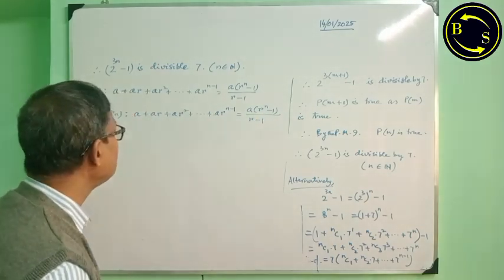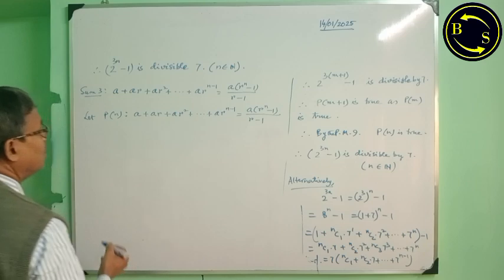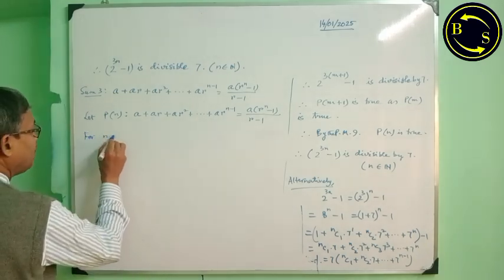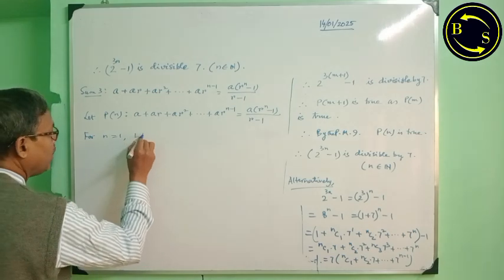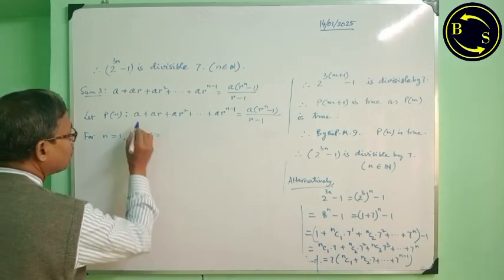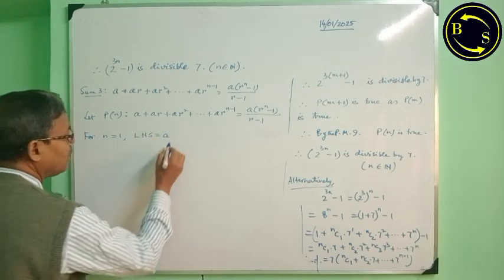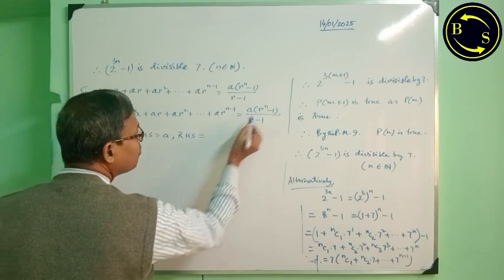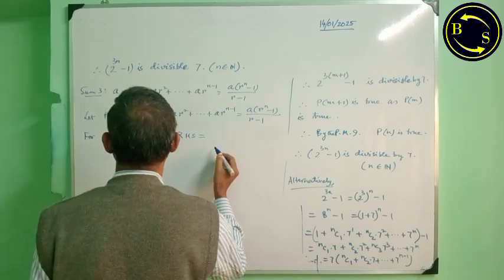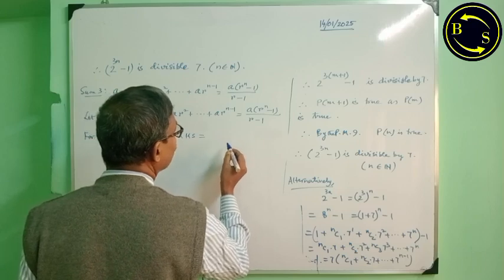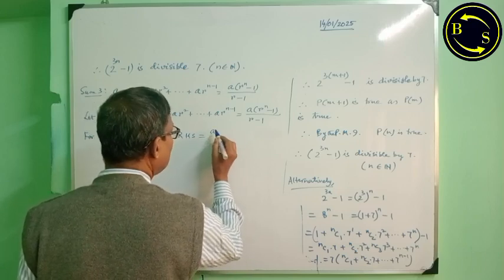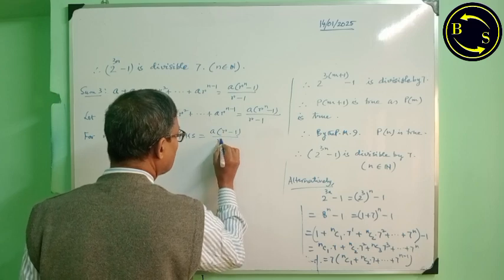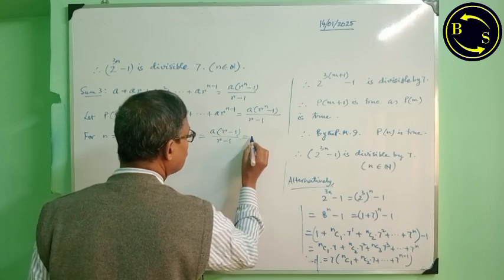Mathematical statement for n equal to 1, LHS will be the first term only, A. RHS, putting n equal to 1, that is A within brackets R minus 1 by R minus 1, equal to A.